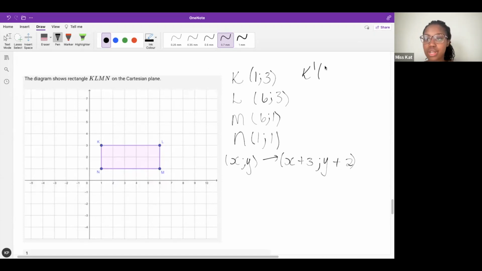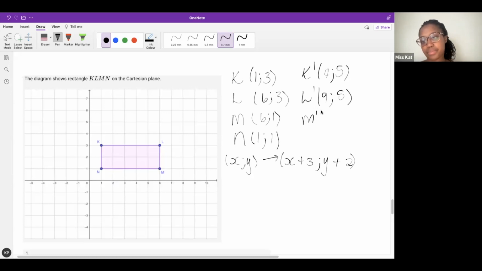So 1 plus 3 is 4, and 3 plus 2 is 5. Now we're on L prime. New coordinate for L. So we're going to say 6 plus 3, which is 9, and 3 plus 2, which is 5.